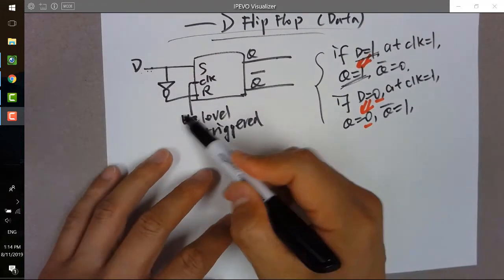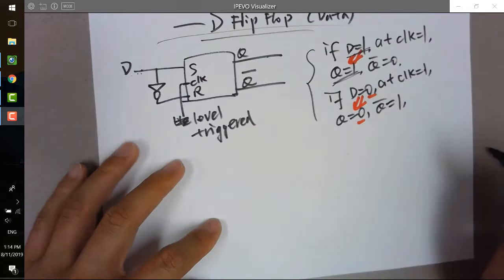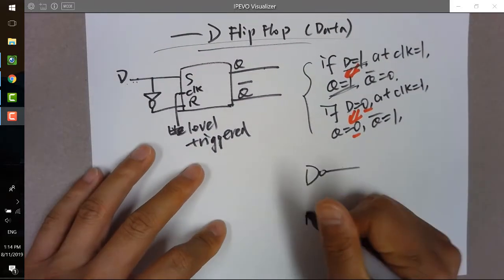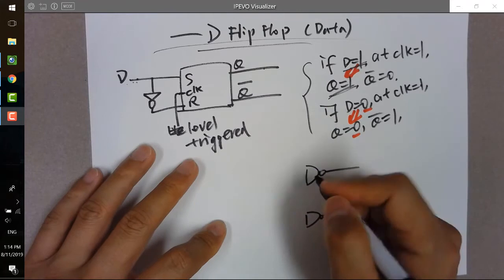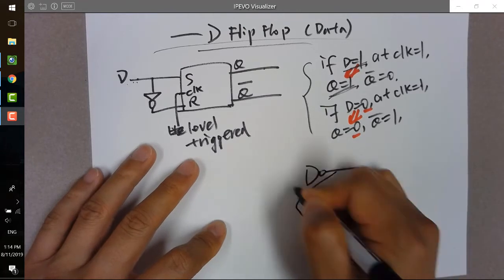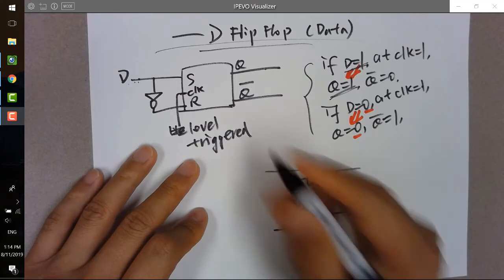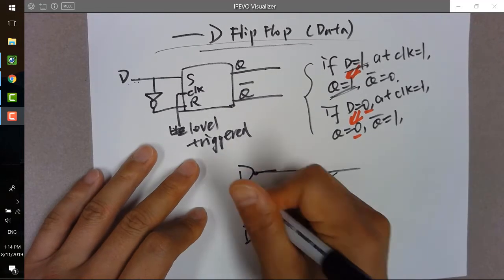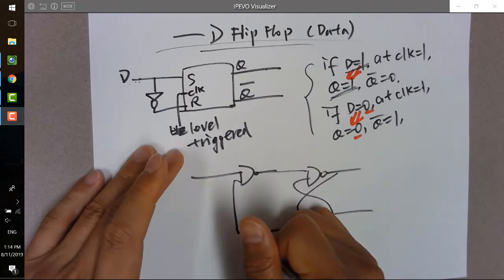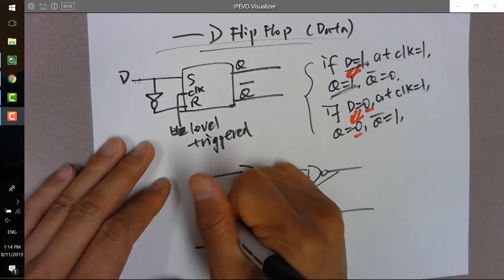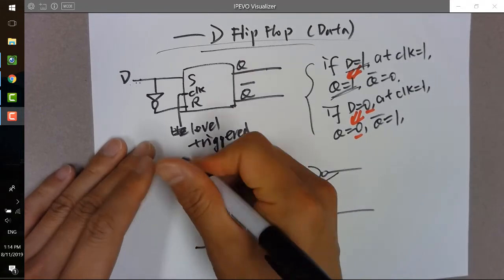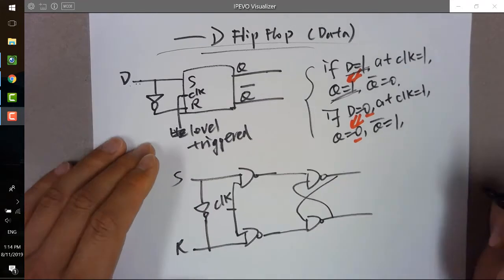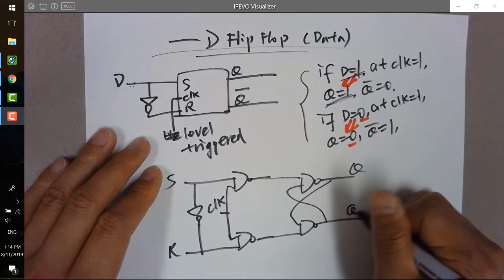Okay, and if we don't draw this logic box over here and draw the real circuit of it, it will look like this. Clock, and you invert these two pins. Here's the clock, here's Q, here's Q bar.